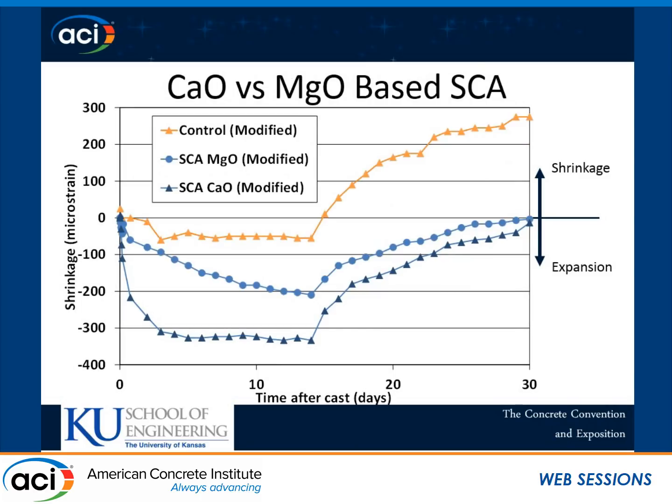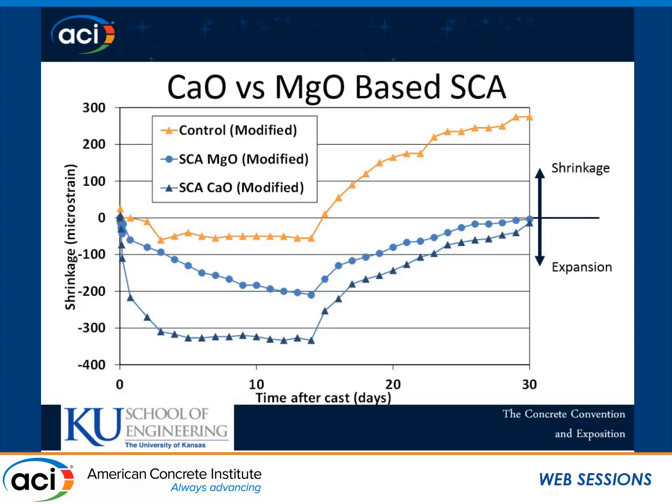Now, since we also take length measurements daily during the curing period, here we can also compare the behavior of different types of shrinkage-compensating admixture. All the previous slides shown are the results from a calcium oxide-based SCA. Here I added the results for a magnesium oxide-based SCA.